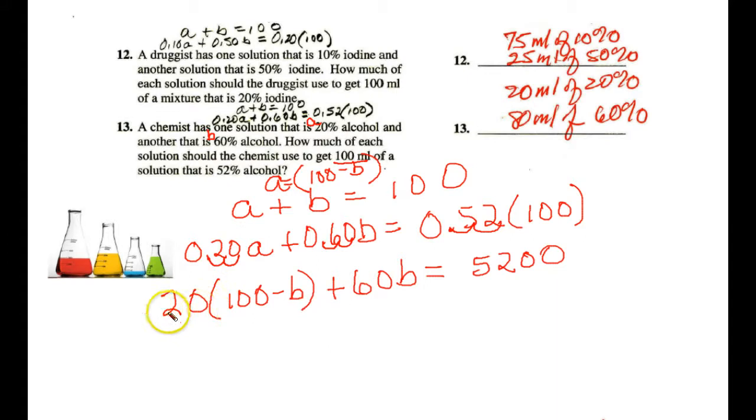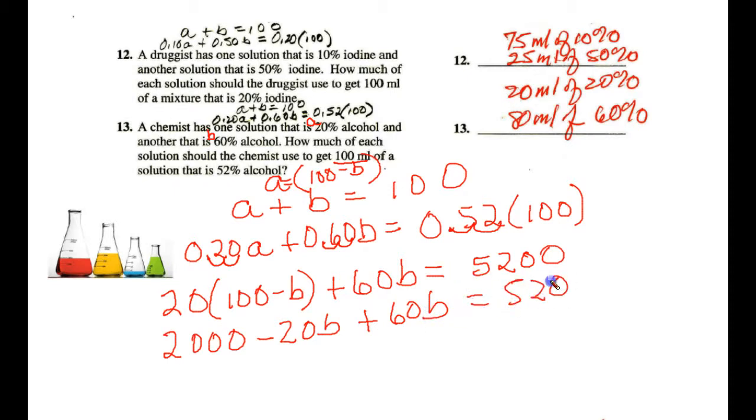So we get 20 times A, but we're saying A is 100 minus B, plus 60B equals this. So here we get 2,000 minus 20B plus 60B equals 5,200. Group our B's together, we get 40B.